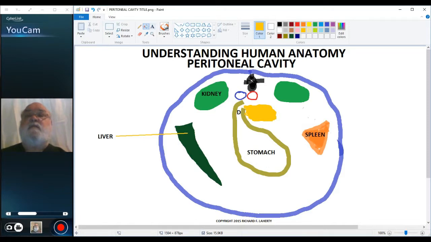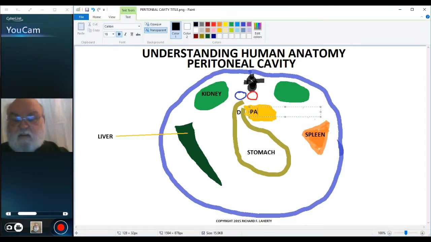There. Right there. And the pancreas is retroperitoneal.